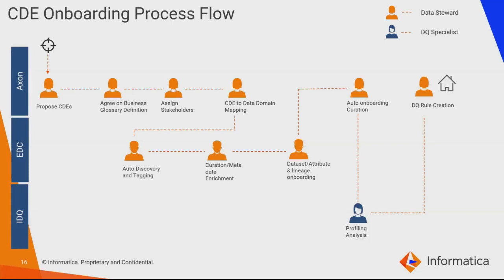Now, once we have identified our critical data elements and at least started documenting them, their definition, and found their stakeholders, the next step is, we do know we care about these elements. The next step is to find out which systems these elements exist in, manifesting. So that's where in Axon, mapping to data domains, or just generally mapping to EDC data domains, comes in.